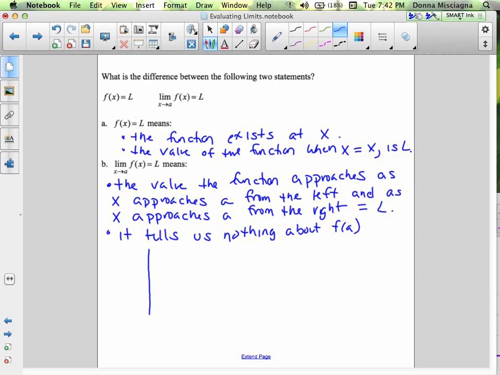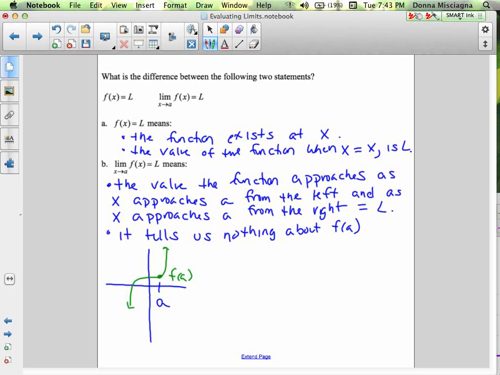Let's look at our three different scenarios here. So that's going to be a. I could maybe have a graph like that. There is f of a right there. And notice as we approach from the left-hand side and from the right-hand side, we're approaching the same value as f of a.